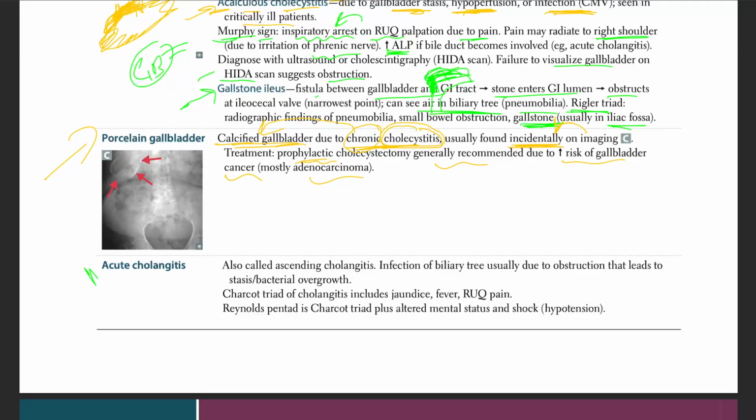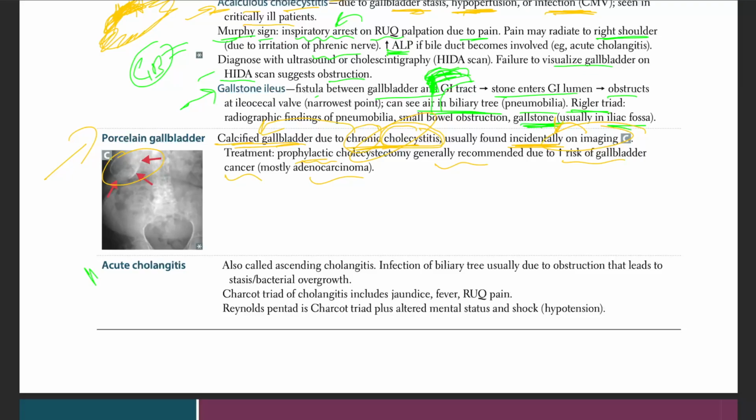So same simple thing, chronic cholecystitis, inflammation of the gallbladder, can cause the calcification, calcium deposition into the gallbladder, which is called calcified gallbladder, which can be seen on the imaging. And you don't want to keep it there because it can lead to formation of cancer. Okay.